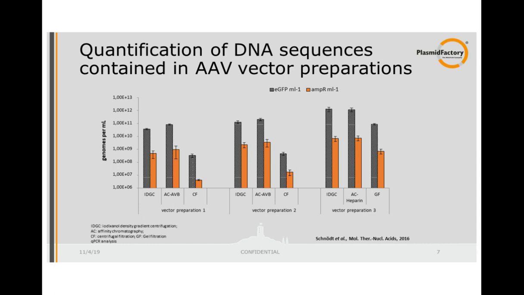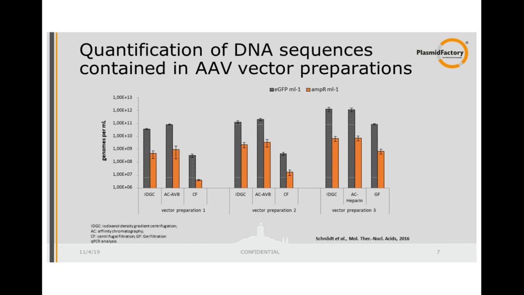It has been analyzed from AAV preparations that have been purified with all different types of technology. There are 3 sets of columns, vector production 1, 2, and 3. And they have been purified with affinity chromatography, with gel filtration, and so on.